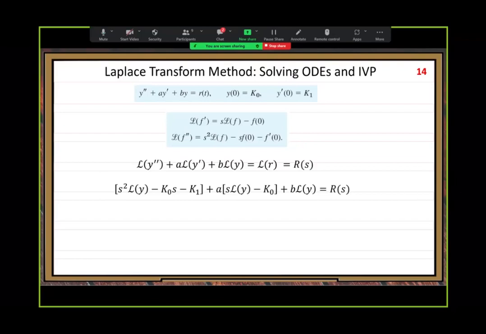But here we assume the functions we deal with are not that hard, because we consider real-world engineering problems: exponential functions, polynomials, sine, cosine, basically those functions.